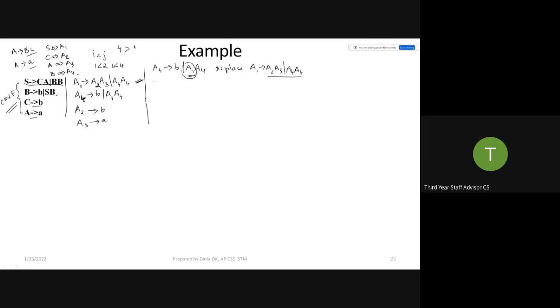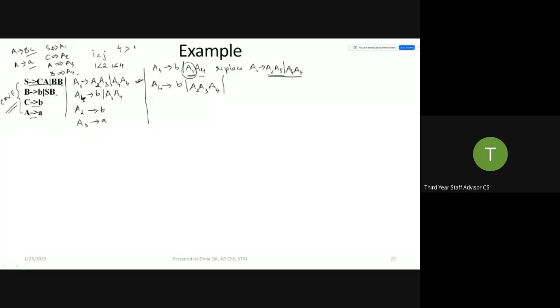So we will get the production as A4 implies B, or in the first case we can replace A1 with A2 A3. What is there first is A2 A3. So first we replace it with A2 A3. Then we have an A4 here, so we write it as such. So we got B, A2 A3 A4.